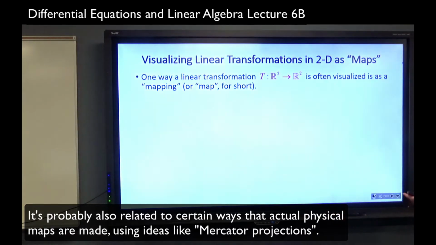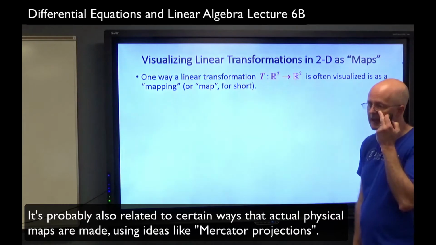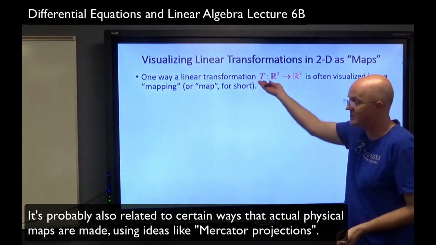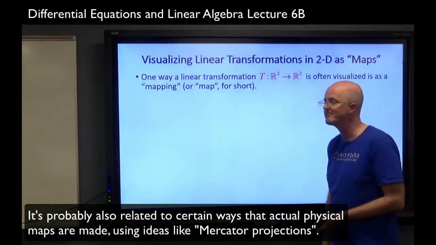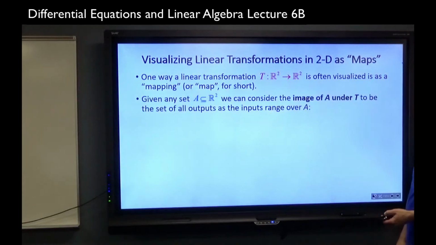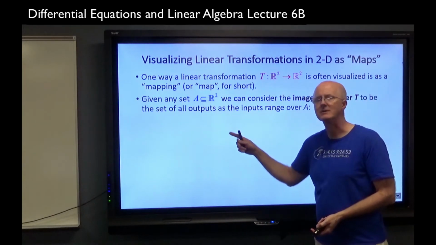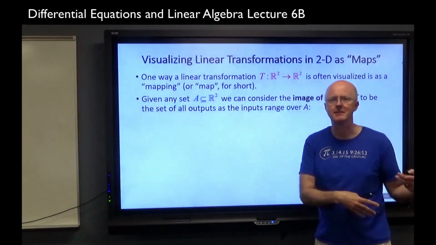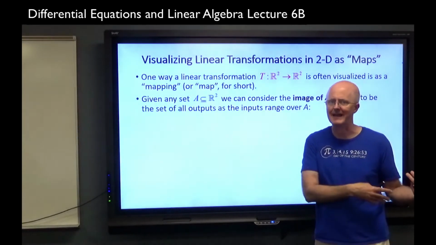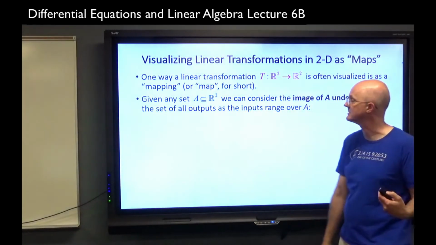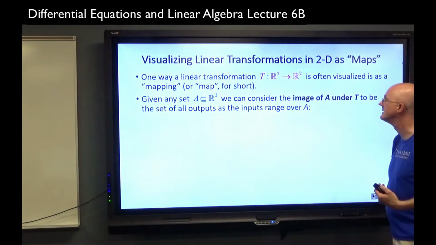Mapping or map in mathematics is just another name for a function, just like transformation is another name for a function. And to help us visualize the mapping, we look at certain sets of inputs and see what happens to them under the mapping. What do the corresponding outputs look like, either as points or vectors, more commonly as points.